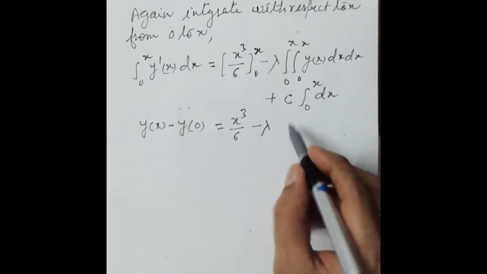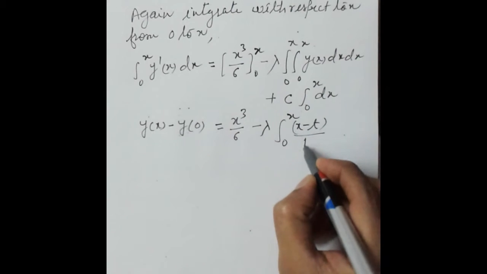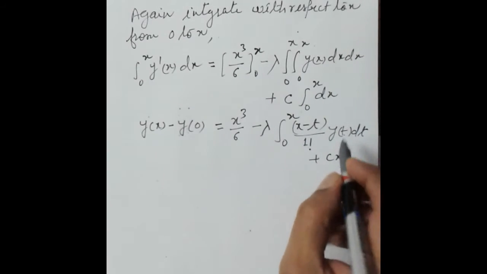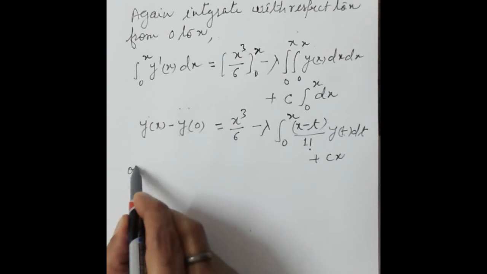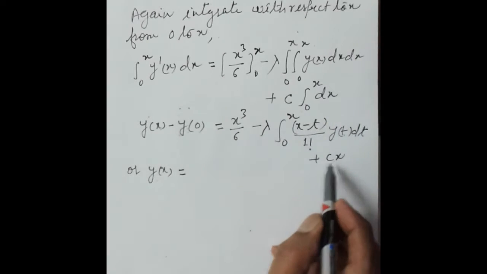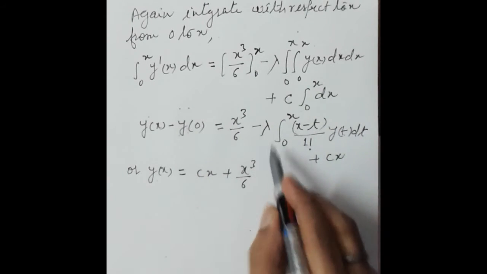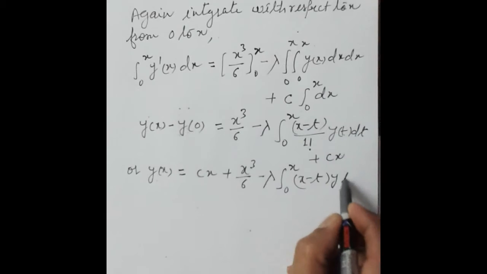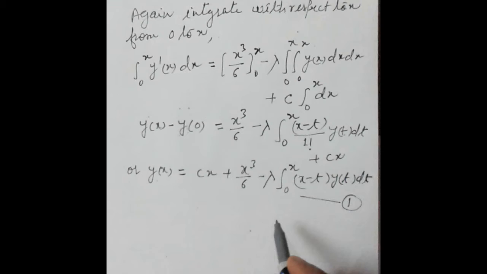So we have the integral from 0 to x, (x minus t) over 1 factorial y(t) dt, plus cx, or y(x) equal to cx plus x cube by 6 minus lambda, the integral from 0 to x (x minus t) y(t) dt. This equation is denoted by 1.